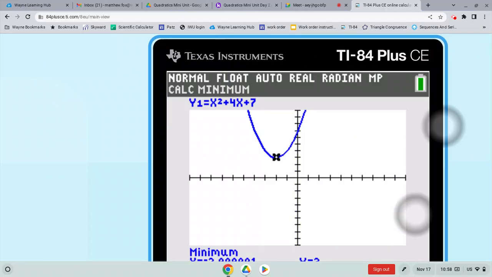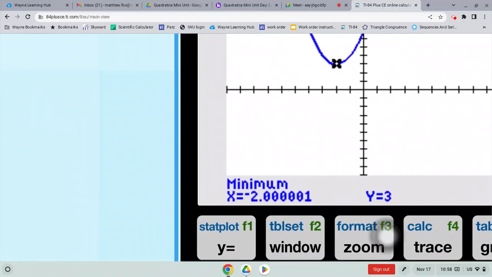I hit enter. Now, here's the thing. It takes those things and it calculates. It does some rounding and at times is off a little. Is mine really at -2.000001? We are going to say it's at -2, but that's just because of the rounding that occurs, okay?